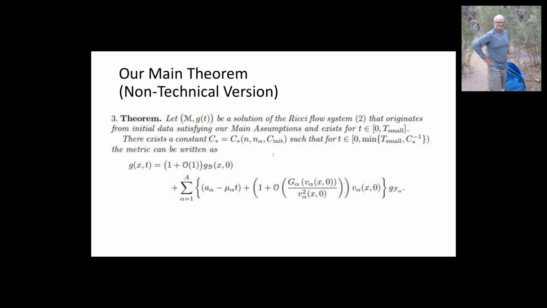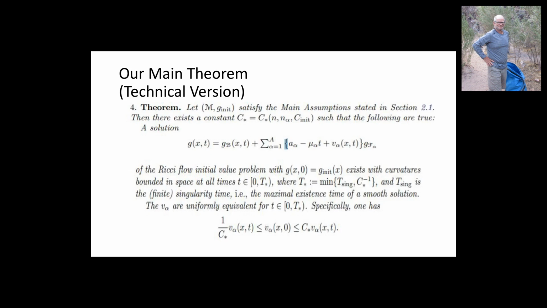It's just something times the initial base metric and then something times the fiber metrics. Notice that we have the a alpha minus mu t, which is linear in time, and then we also have a term which involves the initial data of the v alphas.